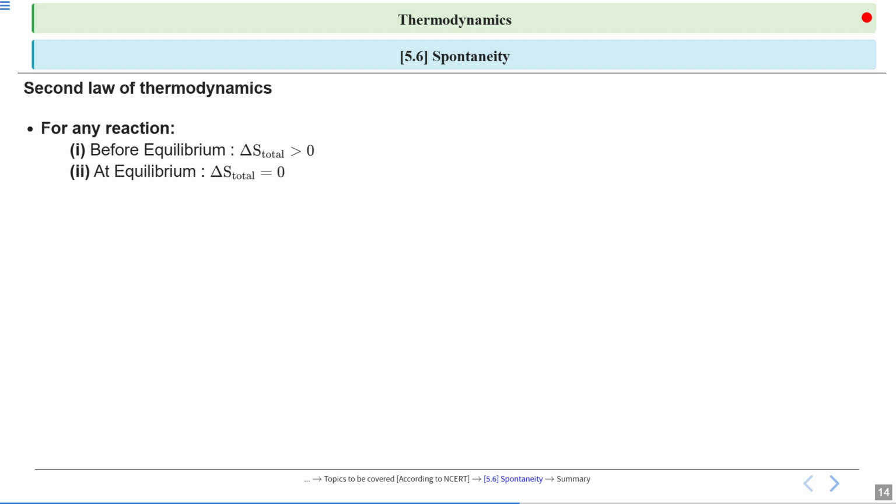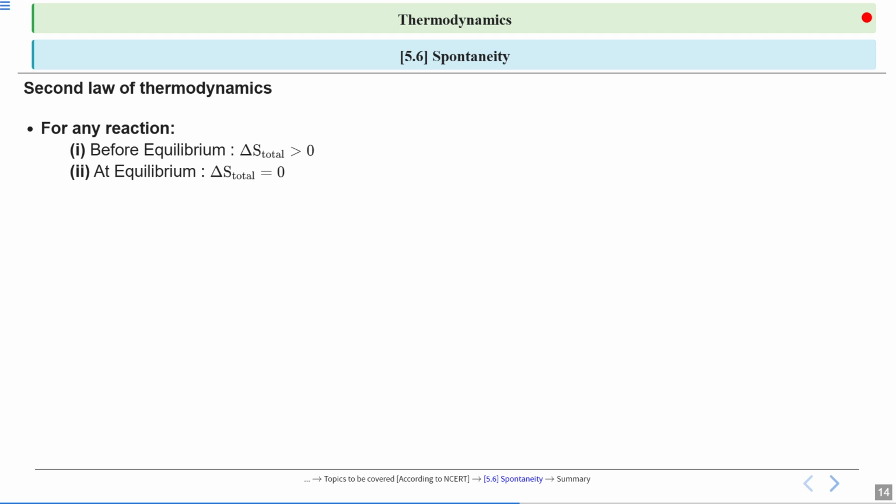So that stage is defined as the equilibrium stage. Now it is seen that since your system is going from one state to the second state, and it is moving spontaneously, that means the total entropy must be increasing. And if it is increasing, the final part will be greater than the initial part. So the entropy change will be greater than 0.